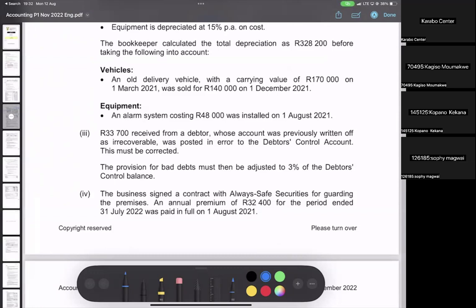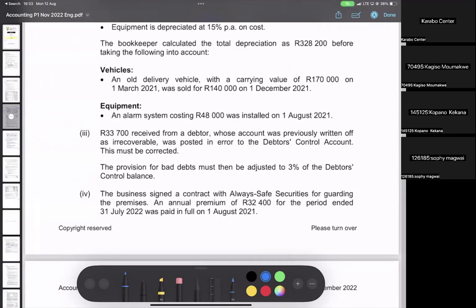If you owe a business until the business decides to write you off, the business takes you out of their debtors. It writes you off and does not expect anything from you. So you will not appear as a debtor in the next financial year. Even if you pay them back, they cannot record it in their debtors control account because you do not appear anymore.